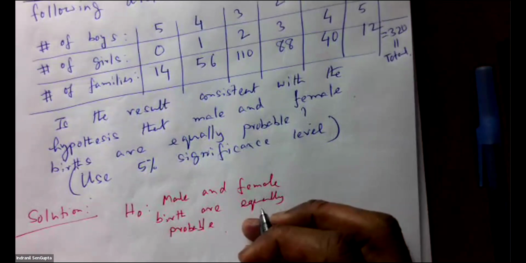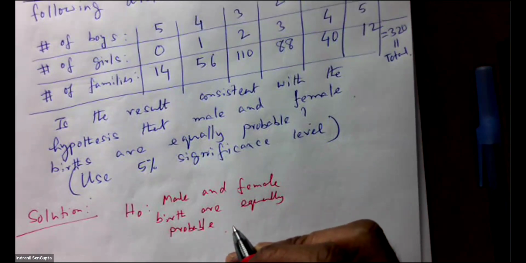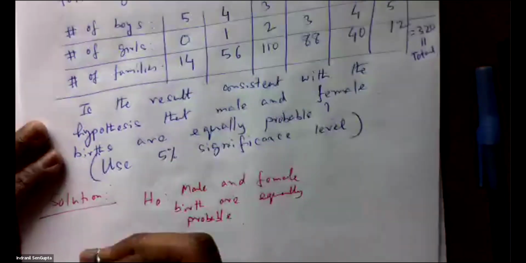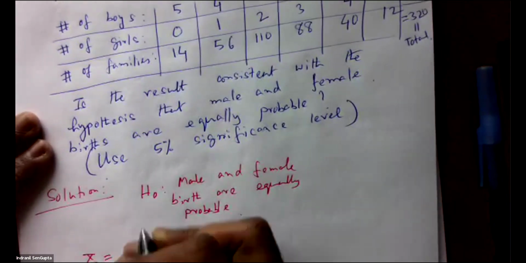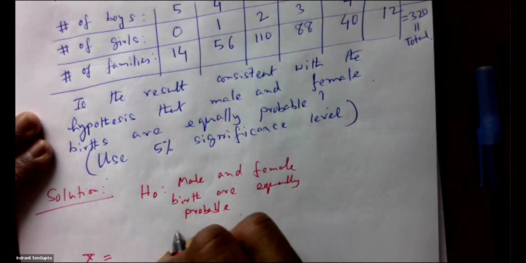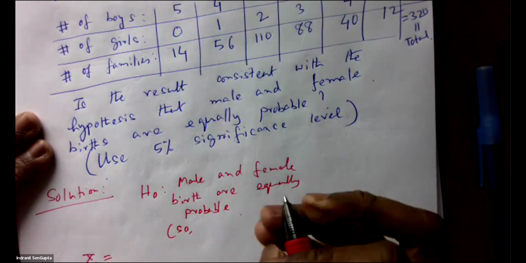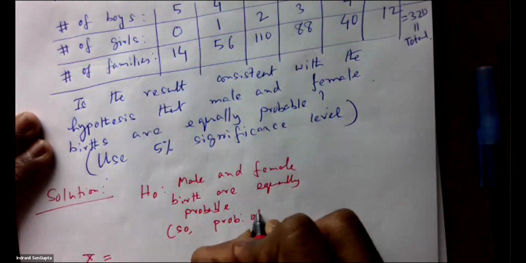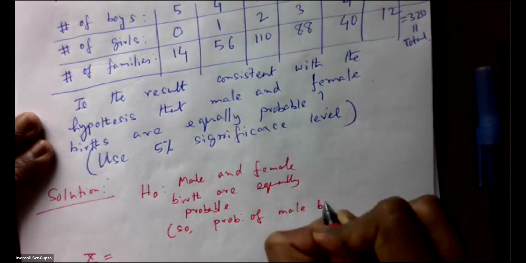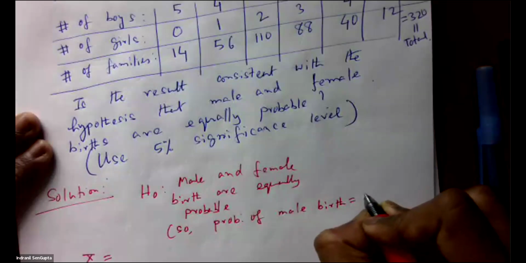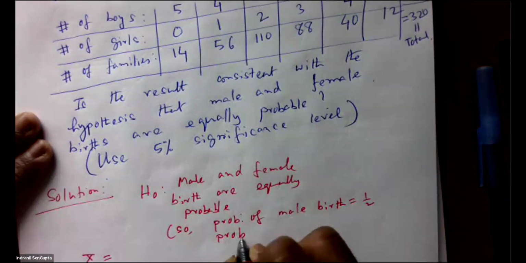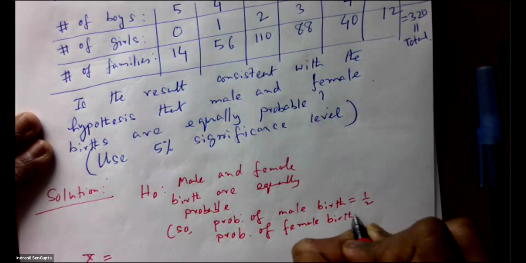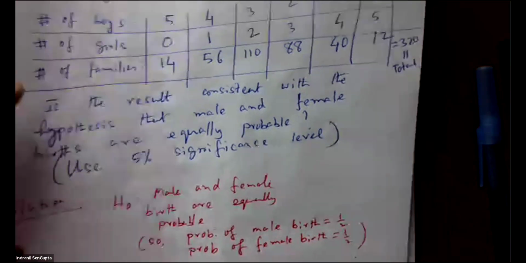All right. So that means the probability of a male birth is 1/2 and the probability of a female birth is also 1/2 under the null hypothesis.